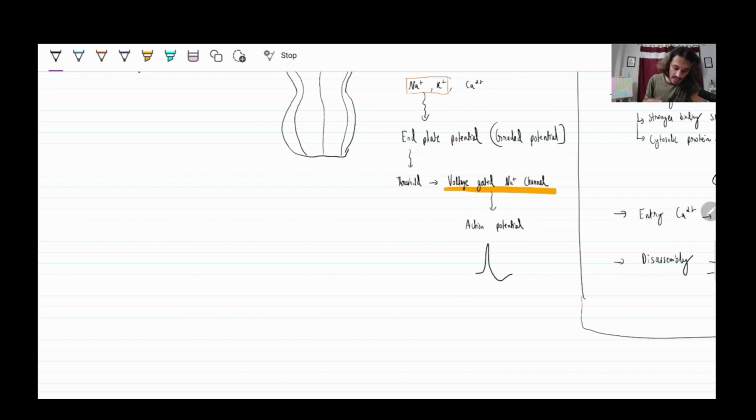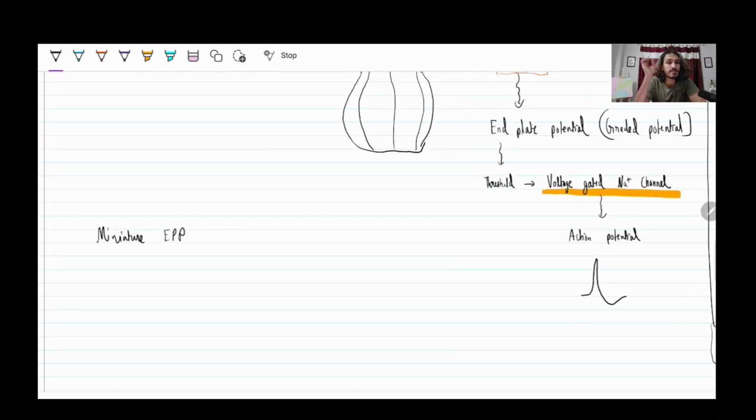Okay, so this particular concept is what we call a miniature end plate potential. If you hear the term miniature end plate potential, that is basically what is released by one vesicle.